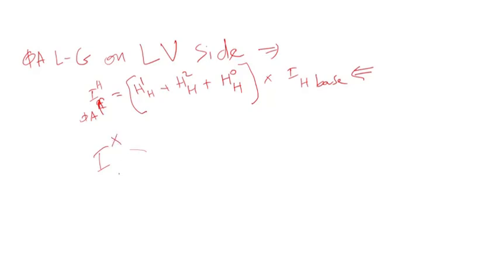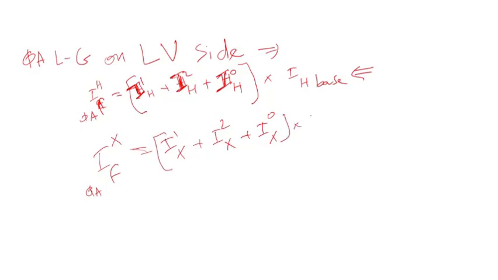The fault current that the low voltage windings will see on phase A would be basically the positive sequence plus the negative sequence plus the zero sequence, sorry, should be current I. Obviously, if you want the actual value, multiply by I base, the base current.